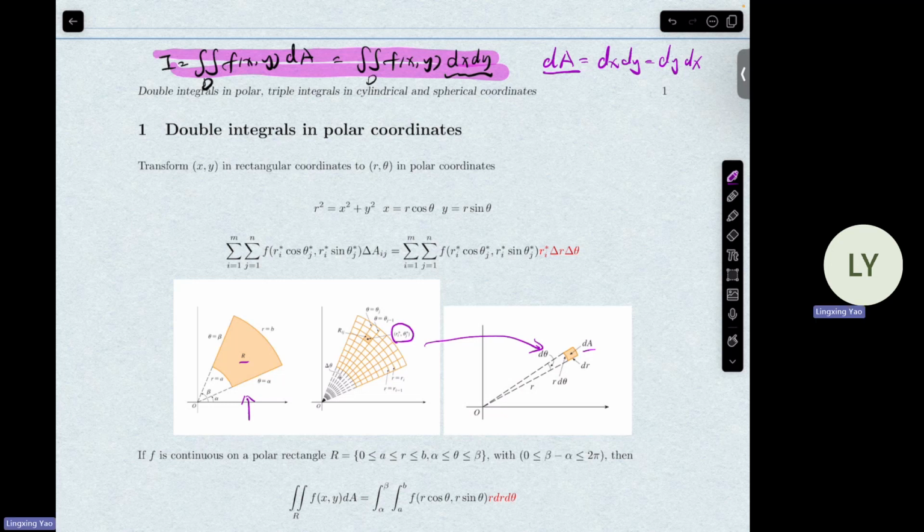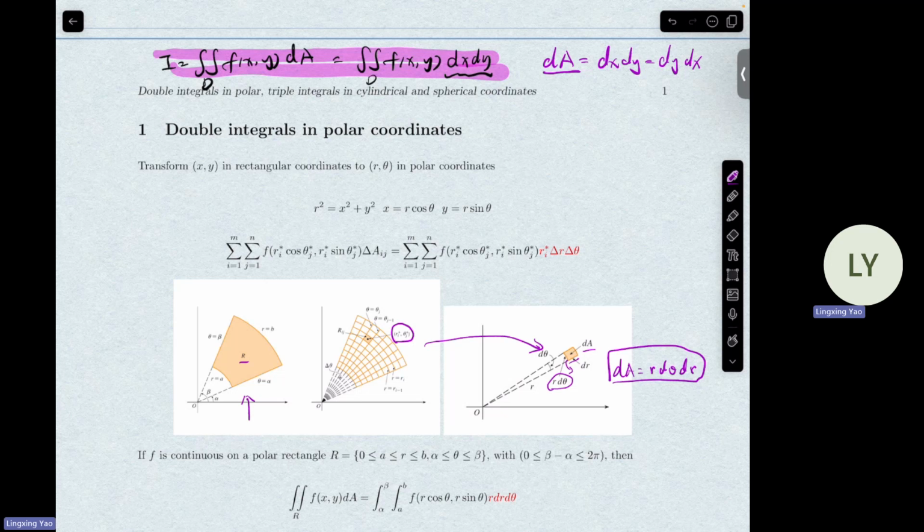By using some algebra and analysis, especially taking advantage of the circular region, we can see this side is r times d theta, and then this side is dr. So roughly this area dA is r times d theta dr. So this actually gives us the approximation of this area element for the double integral in polar coordinates.